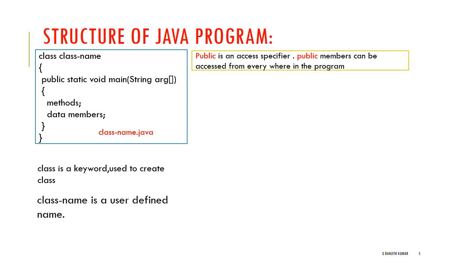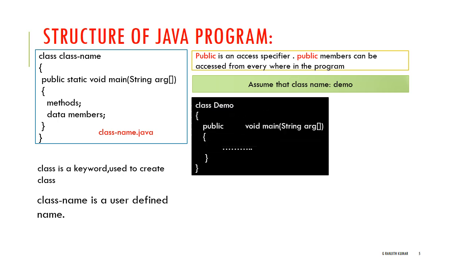Since the main method must be called from everywhere, the access specifier should be public. Assume that this class name is demo, so the file name is demo.java. When demo.java is called, automatically this demo class will be loaded into memory.